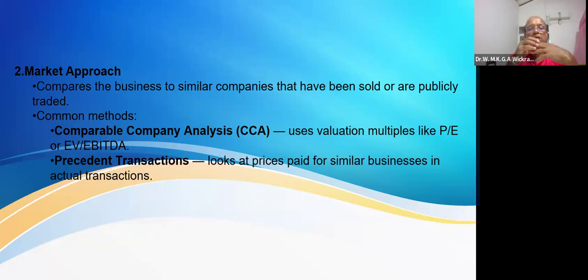If you want to sell your company, you will see what the price in the market is. You purchased at 10 rupees, but now it is 100. So the company valuation people use the market value. That is called a multiple, like PE or EBITDA, meaning earnings before interest, tax, depreciation and amortization.